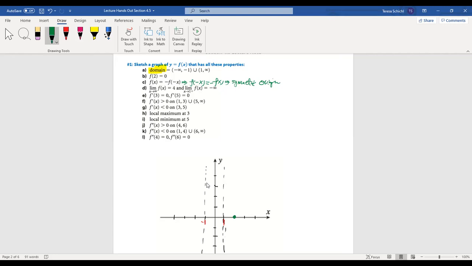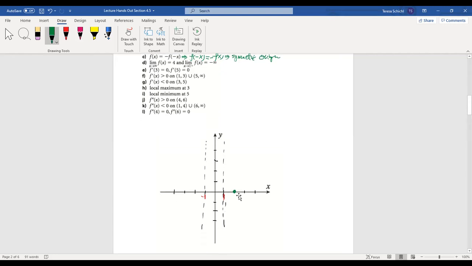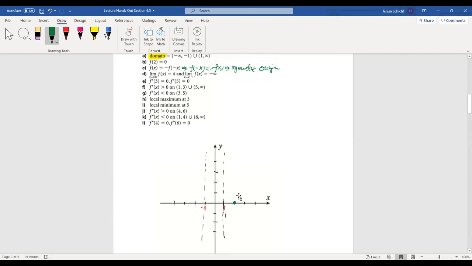Okay, now the next part, part D. They said the limit as x approaches infinity of f of x equals 4. What information does this tell us?